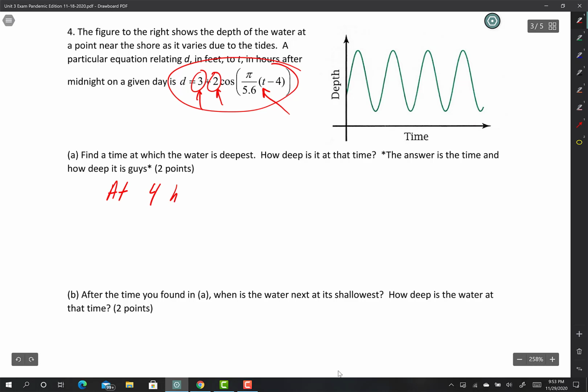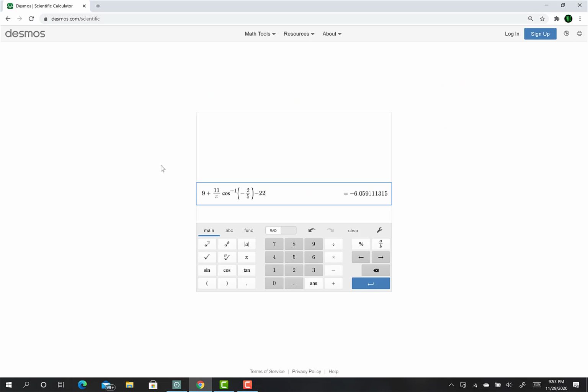At 4 hours past midnight, the water is 5 feet deep, and we can see that. Let's go ahead and plug that in, guys.